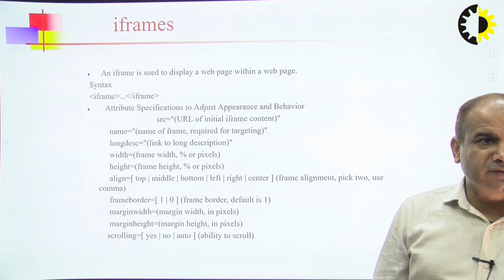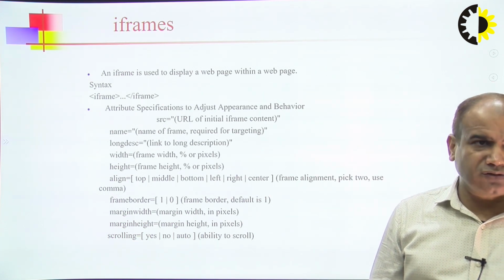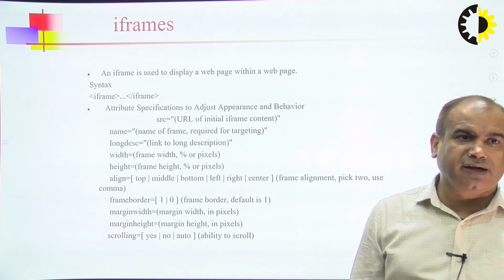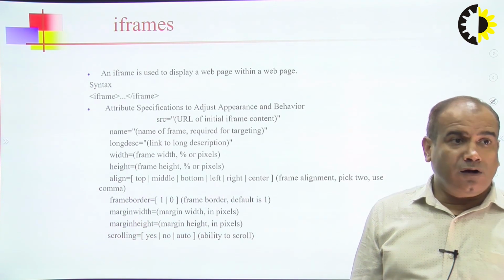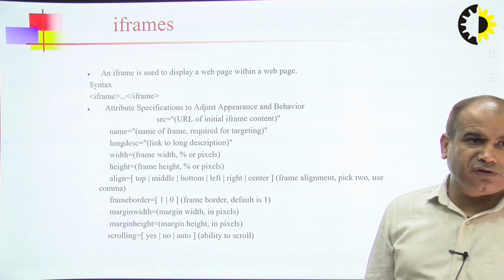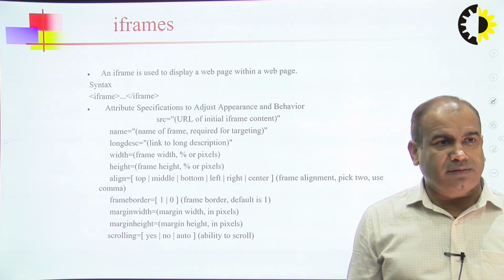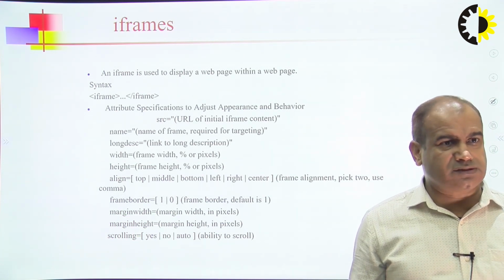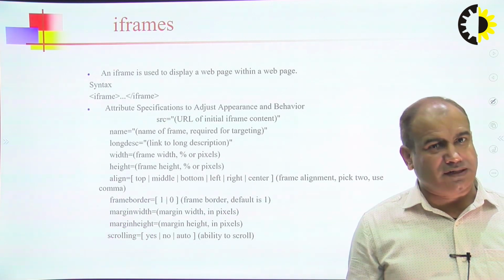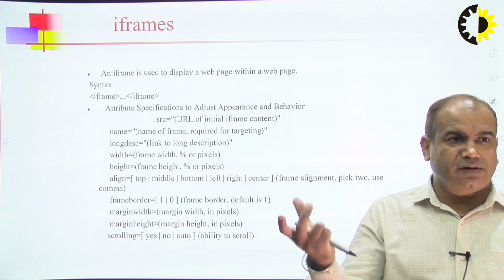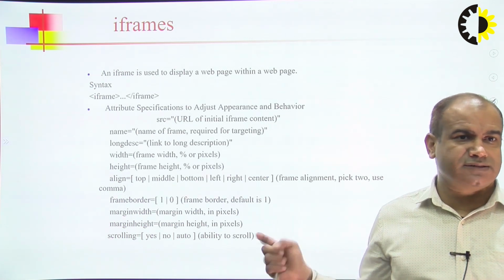The attributes are src, the URL of the initial iframe content; name, required for targeting; longdesc, a link to a long description; width and height, which can be in pixels, percentage, or form width; and align, where we want to align the iframe: top, middle, bottom, left, right, center.